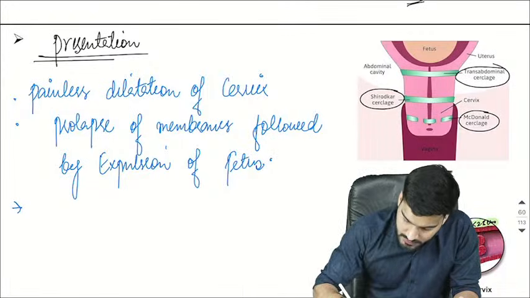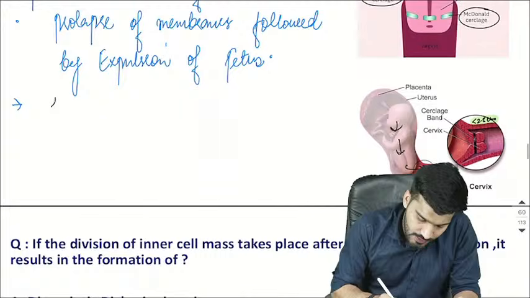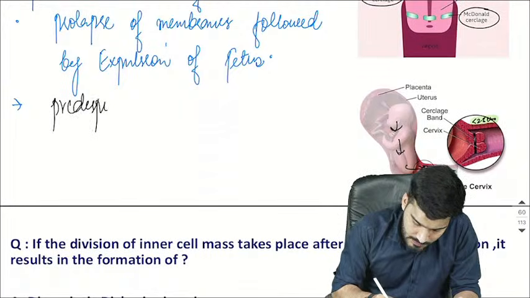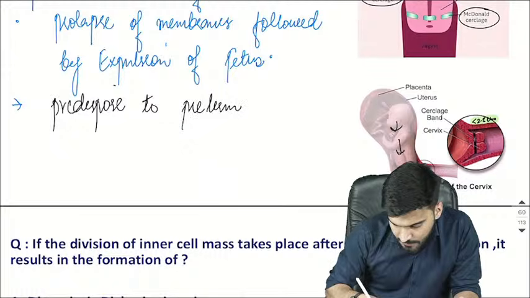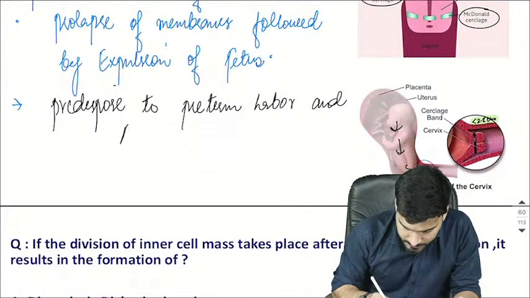So this short cervix will also be mentioned as predisposing to preterm labor and abortion.